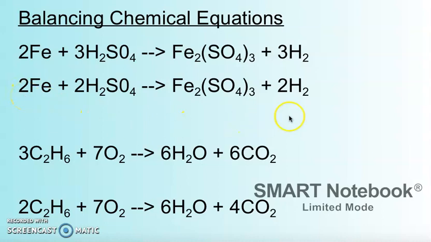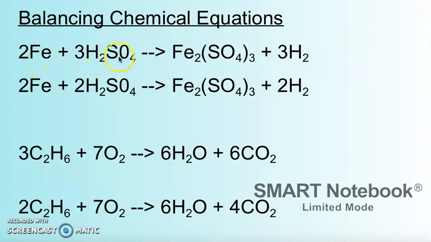So what I've done here, I've taken a different approach in that I've given you two equations, one of which is balanced and one of which is not. So here's how you tell. Take every individual element and see how many there are on the left and the right. Fe is iron. There are two Fe's here because the coefficient 2 means that you have two of those Fe atoms.